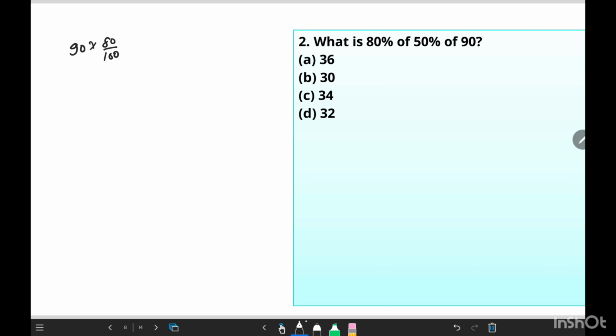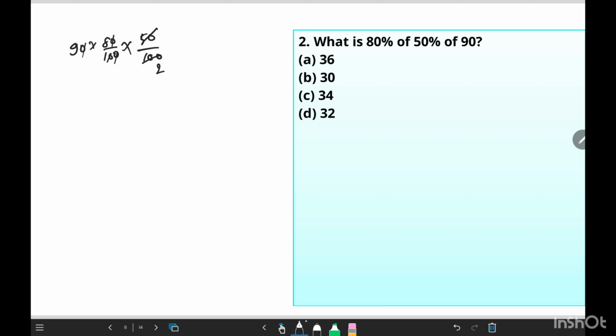So instead of 80% we can write 80 upon 100, and instead of 50% we can write 50 upon 100. And then we have to cancel. We can divide 50 by 100 two times, and then we can cancel this 0 with this 0.